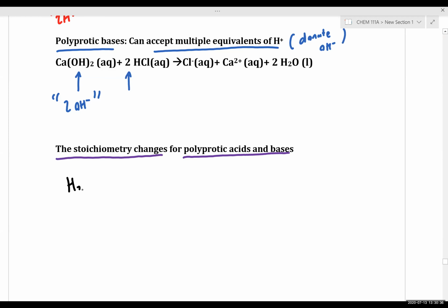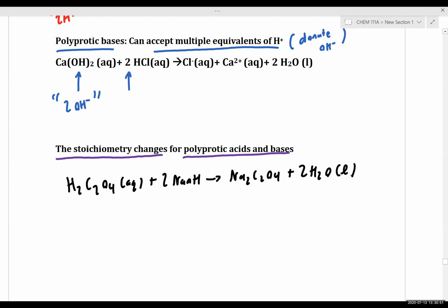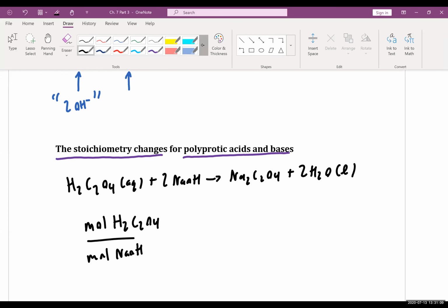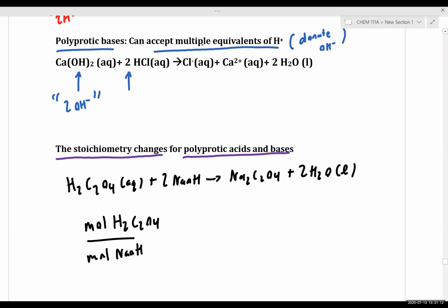If we look at oxalic acid reacting with sodium hydroxide to give water, my question to all of you is, how many moles of oxalic acid react with how many moles of sodium hydroxide? What is our mole-to-mole ratio? What is our mole-to-mole ratio in this reaction?